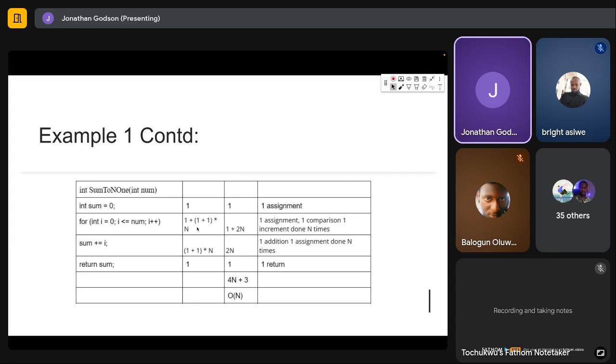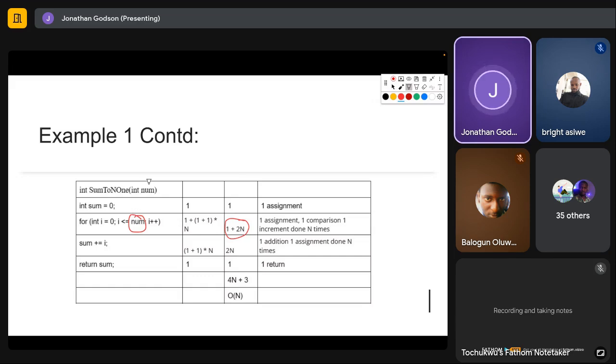For this first statement of the loop, we have one assignment, one comparison, and one increment done n times. For this line, we have sum equals sum plus i, so it is one addition and one assignment done n times. The n times we are talking about is this.